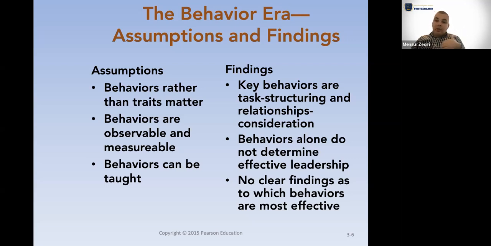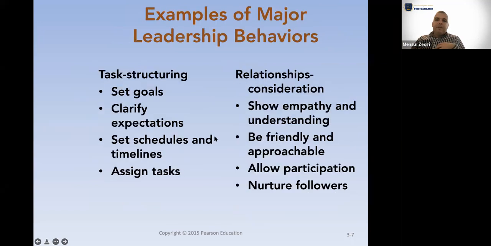And also there were no clear findings as to which behaviors are the most effective, like we had earlier when we talked about the traits. There were no single traits or set of traits that were identified as the must-have traits for leaders. The same with behavior. So no clear findings as to which behaviors are most effective.